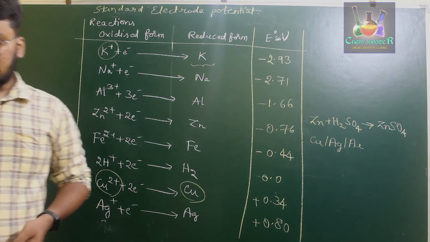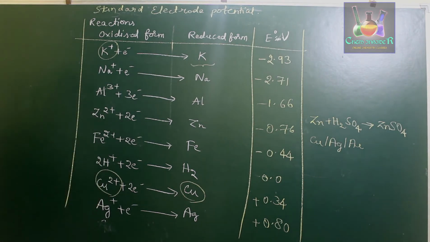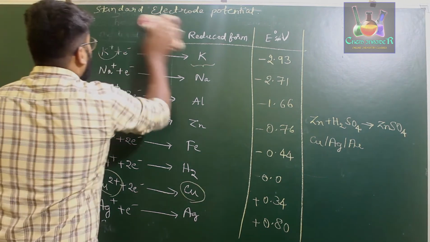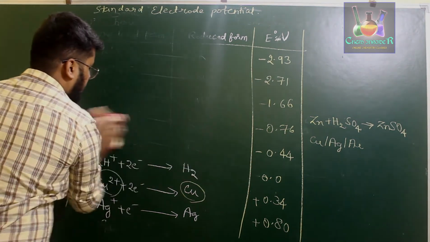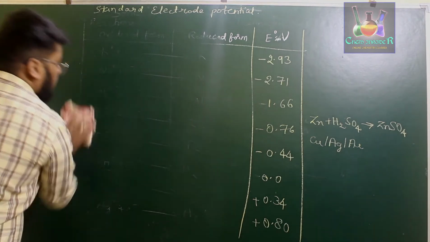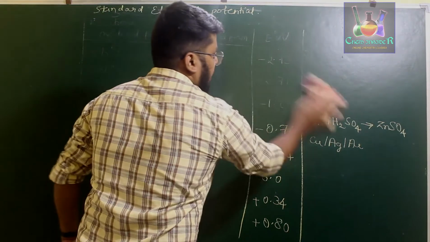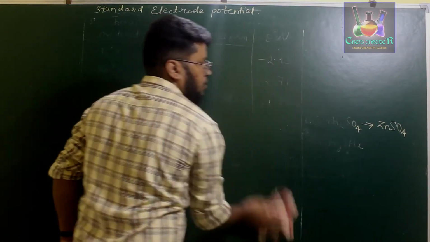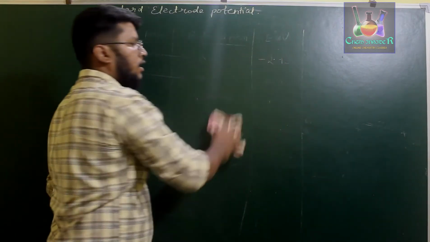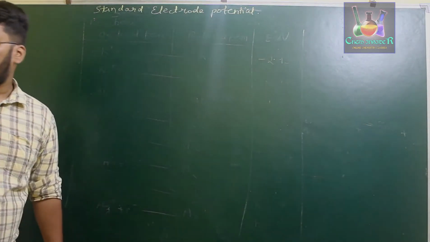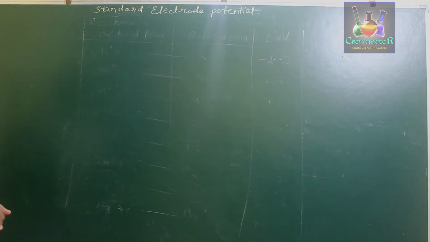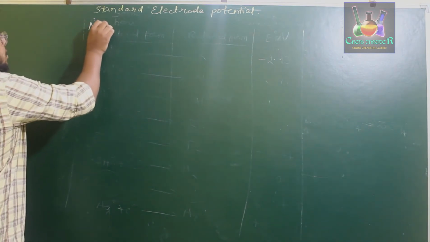Therefore, a scientist named Nernst, N-E-R-N-S-T, provided an equation through which we can calculate the electrode potential of solutions which are not at their standard physical values. This equation is called the Nernst equation.